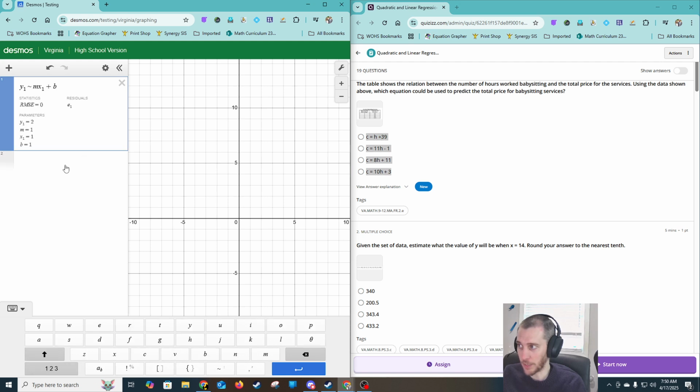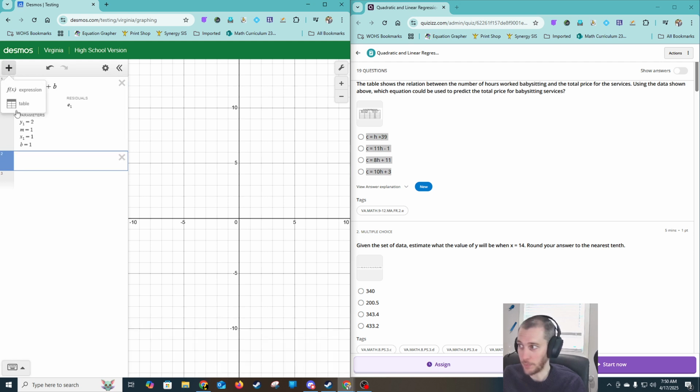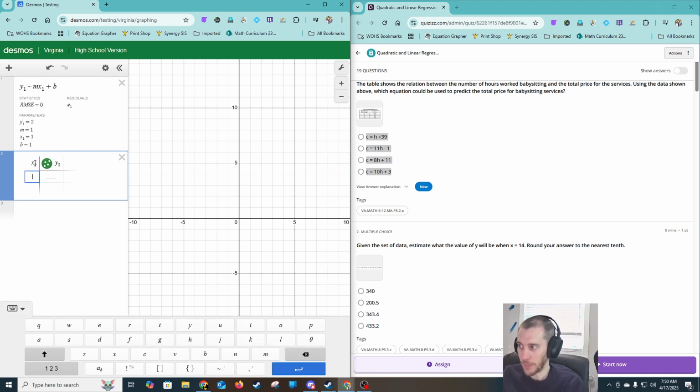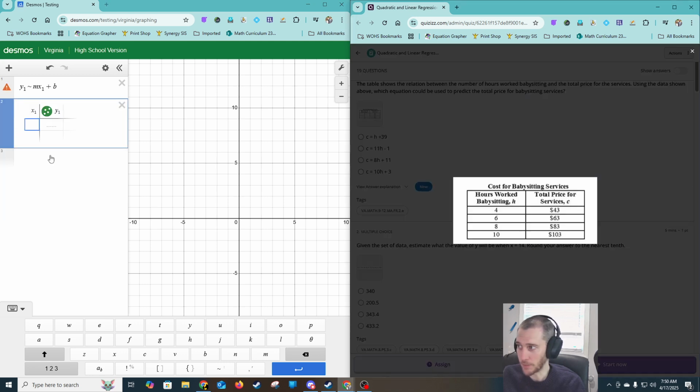So this is the generic line, y equals mx plus b, but we're using y1 and x1 because when I go to add an item, add table, I'm going to make sure that this says x1 and y1. You can see that mine does not. So I need to go and make sure this says x1 and y1. And now I can just plug these values in right here.